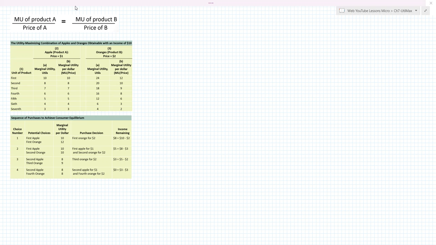And he just hypothetically tells you, assume that the marginal utility of the first apple is 10, the second one's 8, the third is 7, the fourth is 6, and so on. Well, if the dollar price is $1, then the marginal utility per dollar spent is going to be whatever the marginal utility is in this column divided by 1, so they're always going to be the same. So the marginal utility per dollar spent is also going to be 10, 8, 7, 6, and so on.